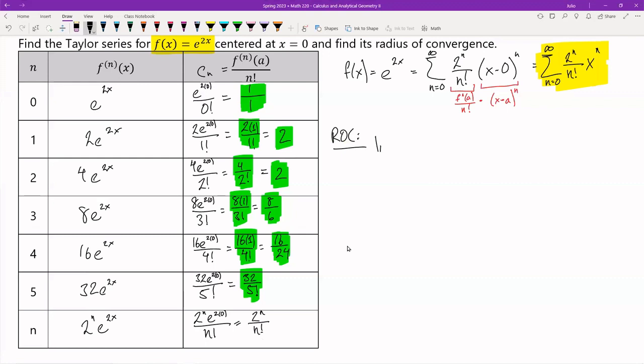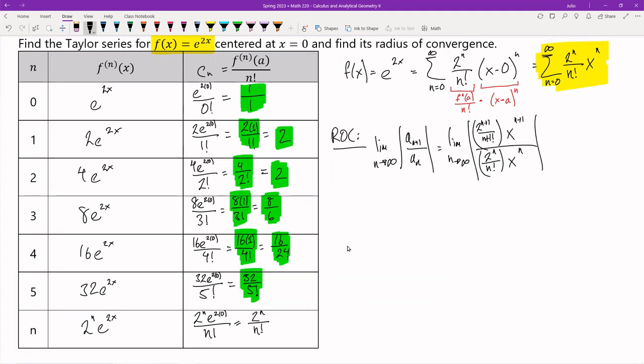So the limit as n goes to infinity of the absolute value of a sub n plus 1 over a sub n is equal to the limit as n goes to infinity of 2 to the n plus 1 over n plus 1 factorial times x to the n plus 1, divided by 2 to the n over n factorial times x to the n.